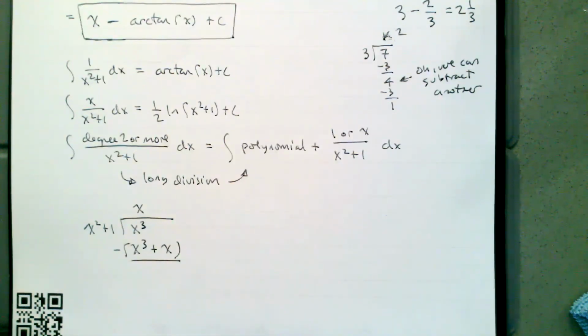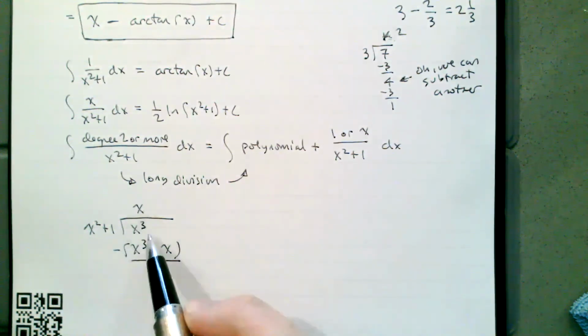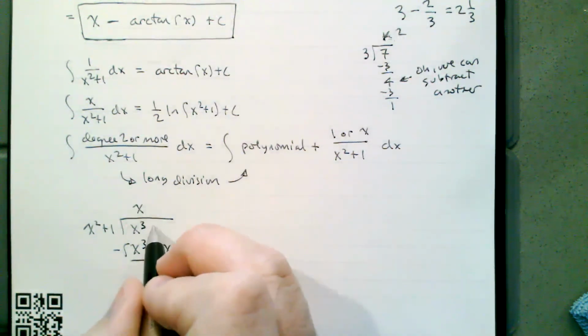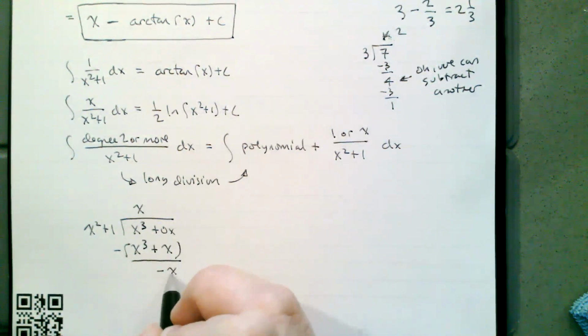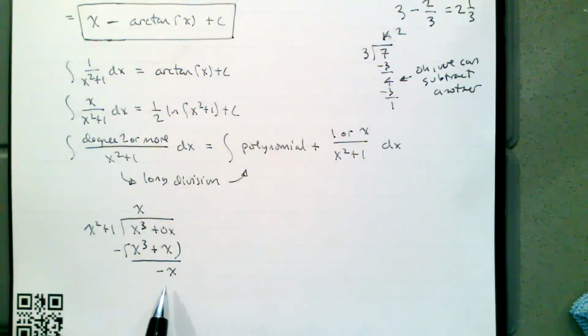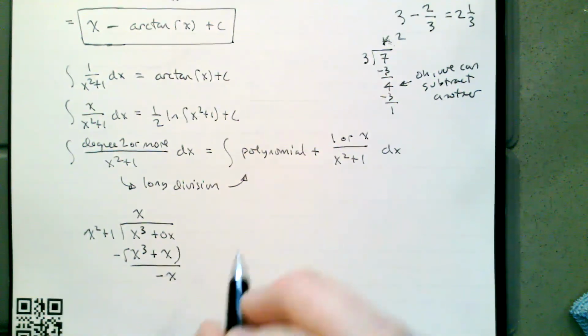In order to be able to subtract x squared from x cubed, I have to multiply by x so that they'll be like terms, and then I can subtract them. And 0x minus x is minus x. And then to subtract x squared from x, I'd have to subtract a fraction, so I'm not going to keep going there. I'm going to say x, the numerator of the fraction part is now less degree than the denominator.